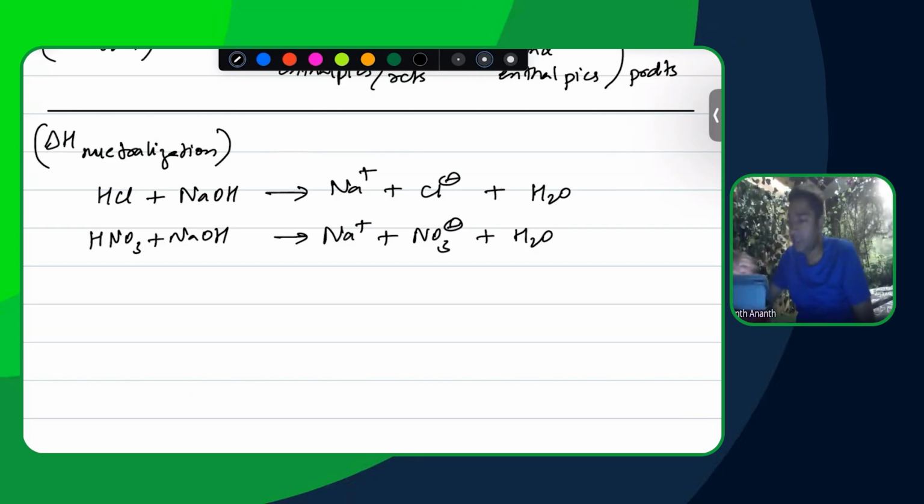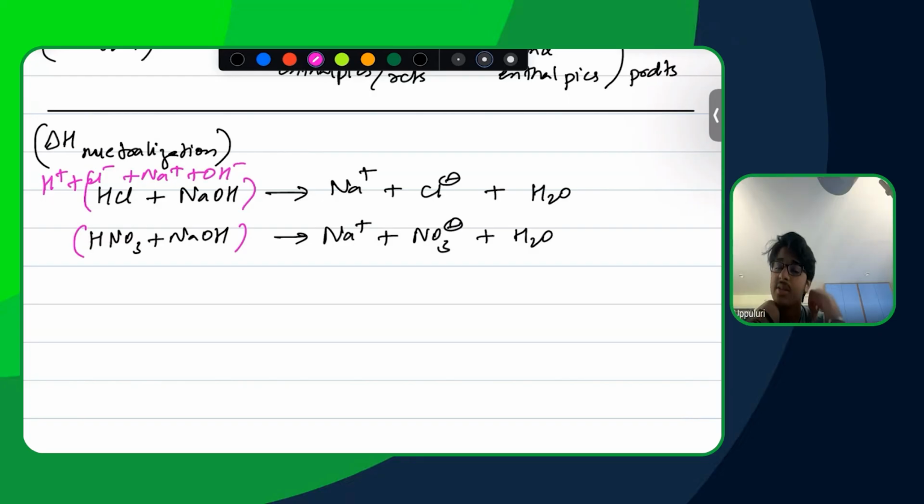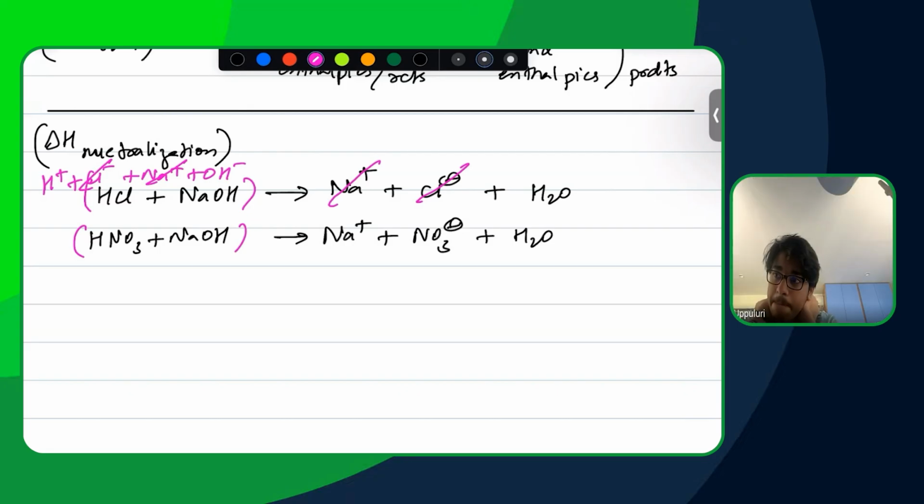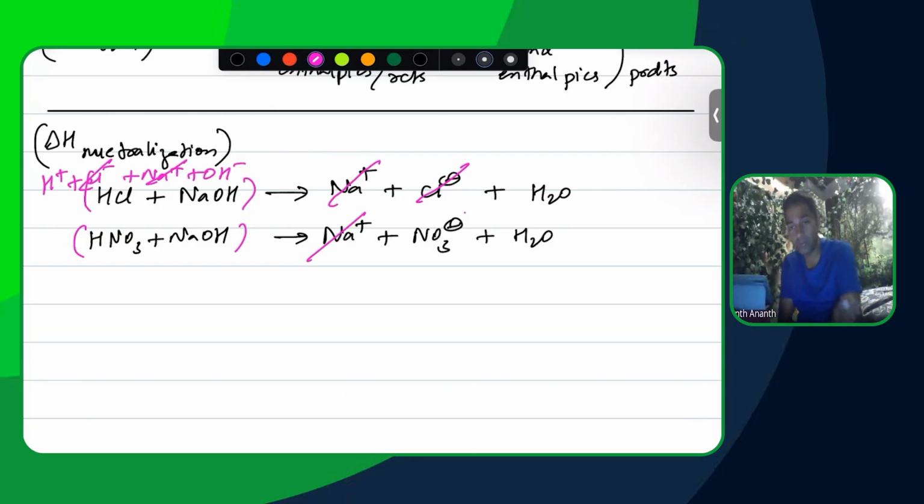So effectively speaking, on the reactant side, how are they existing in each of these cases? Aqueous. It is existing as H+, Cl-, Na+ and OH-. They rearrange, correct? So technically, I can say that this Cl- and the Na+ are existing on both sides. They're not really doing much there. They are spectators on the reactant side and spectators on the product side also. Same thing applies for Na+ and NO3- as well.